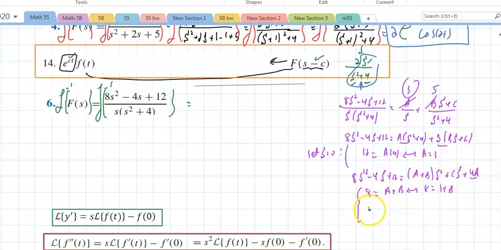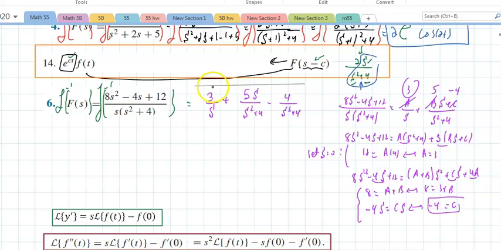If I take negative 4s, set that equal to cs, I will get that c equals negative 4. So what this means, I can write this as 3 over s plus 5s over s squared plus 4 minus 4 over s squared plus 4.